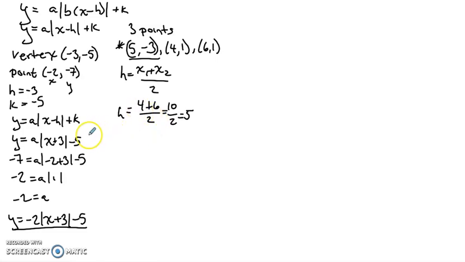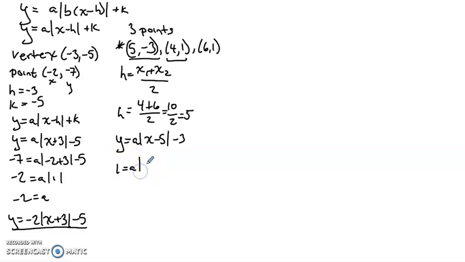And so now we're in the case that we were with the first example we used, where we have the vertex and we can use either of these as our second point. So let's do that. y equals a times the absolute value of x minus h, which is 5, plus k, which is -3. Let's use (4, 1) as our second point. We'd end up with the same answer regardless of which was our second point.